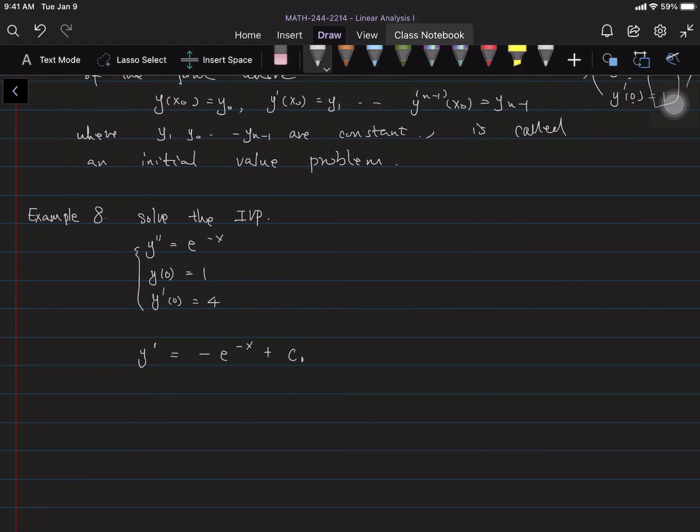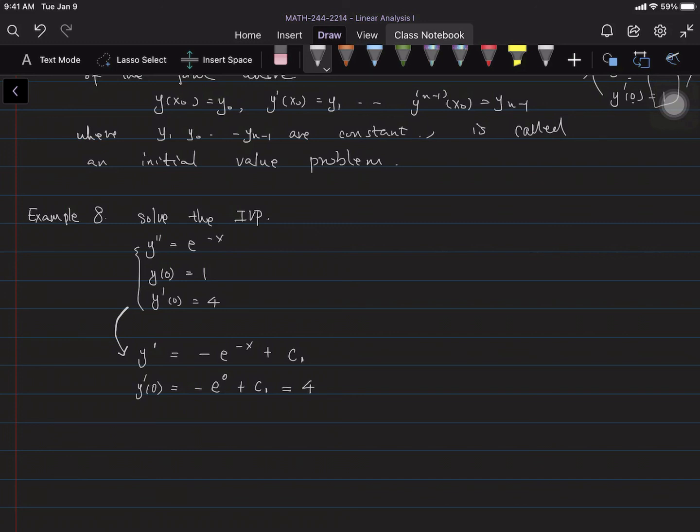In those two conditions, we are going to use the y prime, because y prime (0) equals 4, and here we have the y prime. So we plug in: y prime (0), change x into 0, negative e to the 0 plus c1, and the initial condition is given by 4.